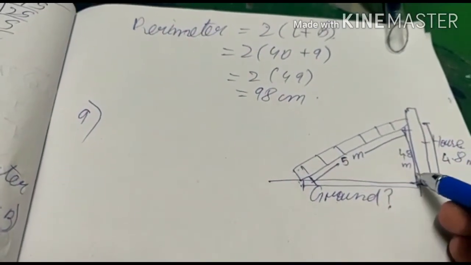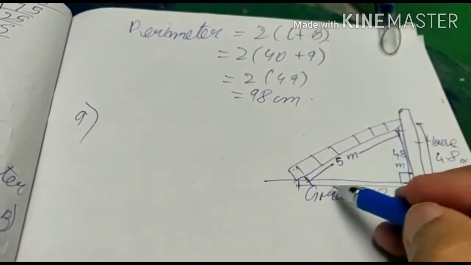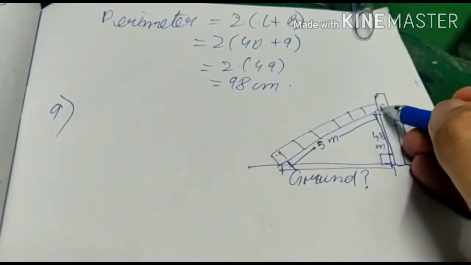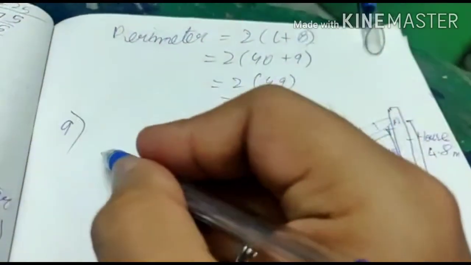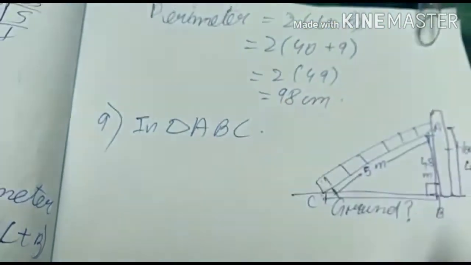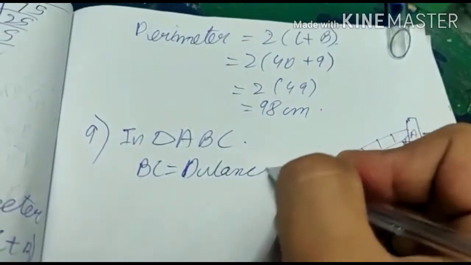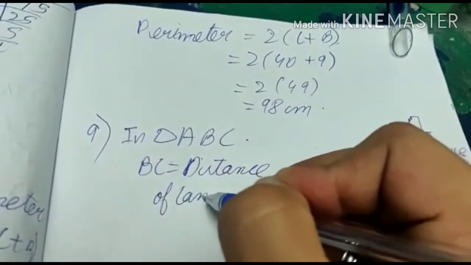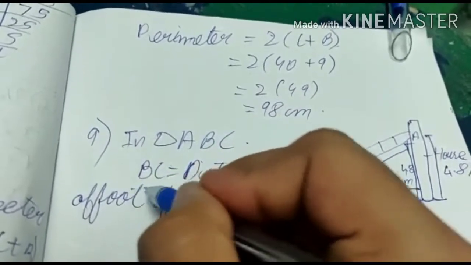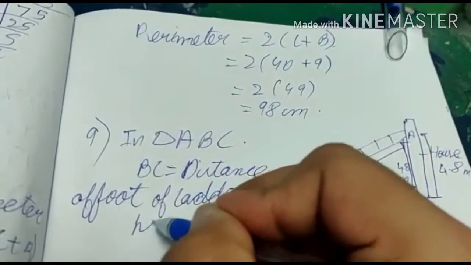When a house is standing on the ground, it is at an angle of 90 degrees. So this is forming a triangle. If we name it A, B, C, in triangle ABC, BC is the distance of the foot of the ladder from the house.